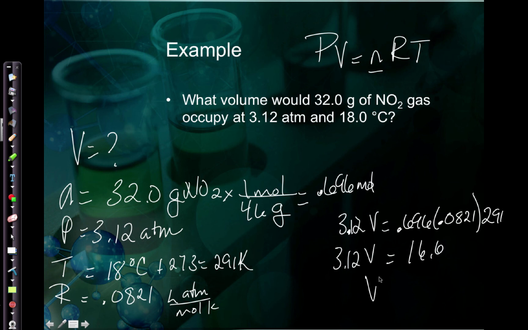Then divide it out, and you're going to get 5.33 liters. You're going to keep it at 3 sig figs because you've got 3 sig figs in all your measurements. So remember, if nothing changes with the gas, you use this. And if something changes, you use the combined gas law.